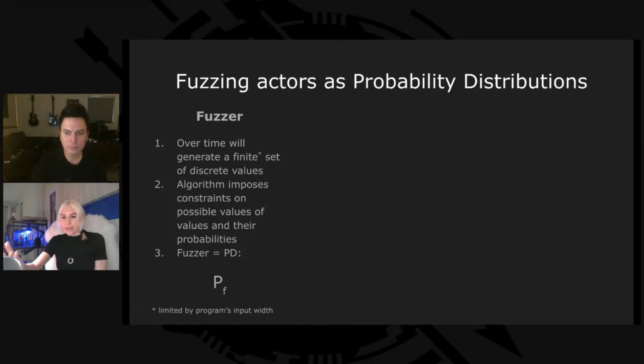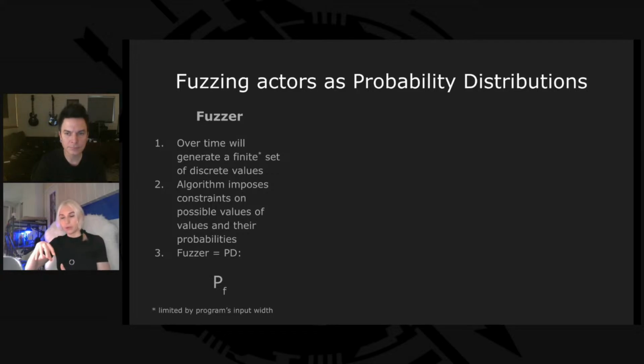So looking at this set of all possible inputs that a fuzzer can generate, there is a certain probability distribution around those inputs. How likely is it that the fuzzer will generate a certain input? Basically, we can model the fuzzer as a probability distribution. There is nothing else really. There is only the probability distribution, which represents the whole fuzzer.